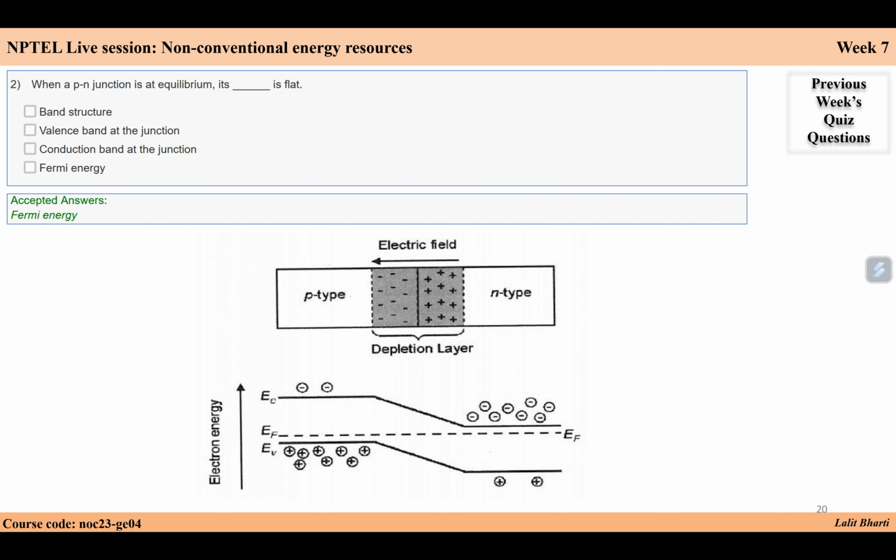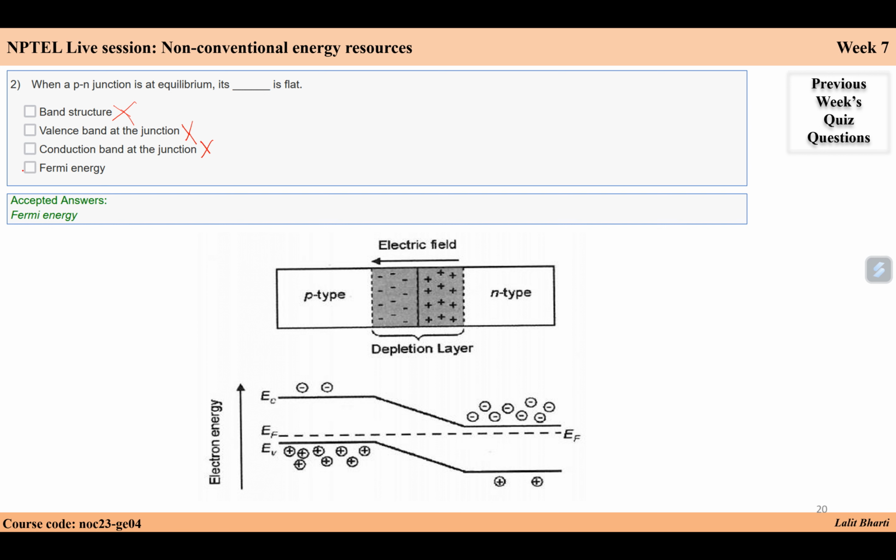It says when a PN junction is at equilibrium, the band structure is flat? No, because we know how and when bending happens. When a PN junction is formed, bending happens at the junction. So that is incorrect. Valence band at the junction? No, because in bending, both conduction and valence bands bend.